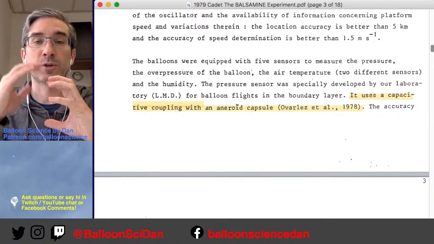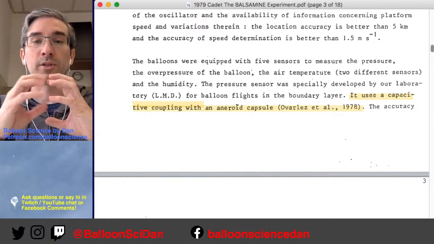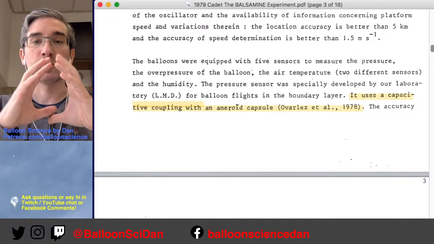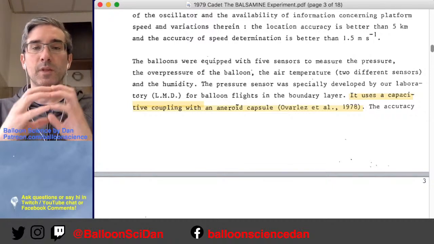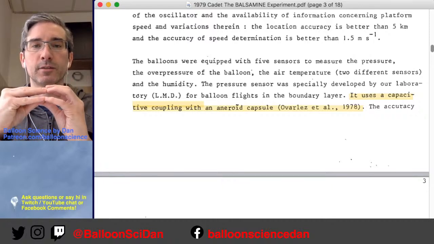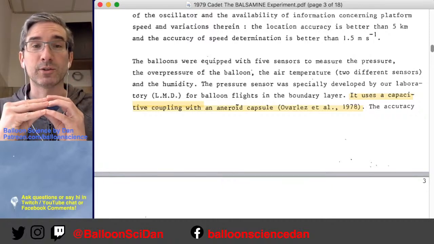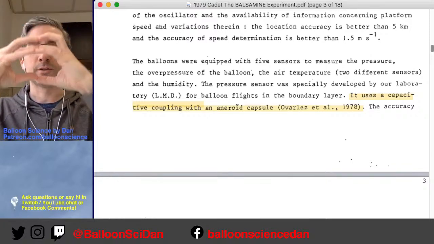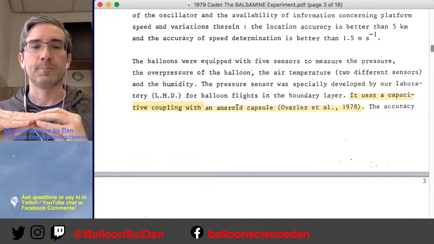So as the pressure outside decreases, all of a sudden there's more force. And as it expands, the force decreases. And so literally this little accordion swells or contracts as the altitude changes. So as you get high altitude, it gets big. And as you go down to sea level, it's flat.